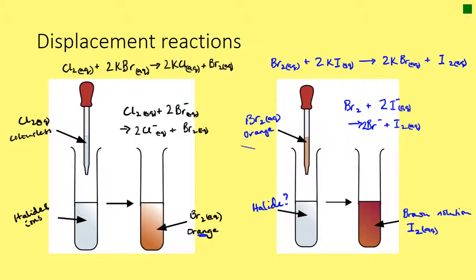So in this case, we're going to add bromine to it. We've got some bromine water, just bromine molecules dissolved in water. And just like before, this is going to be orange as well. So we drop those into the unknown halide, and hey presto, after the displacement reaction we get a brown solution.